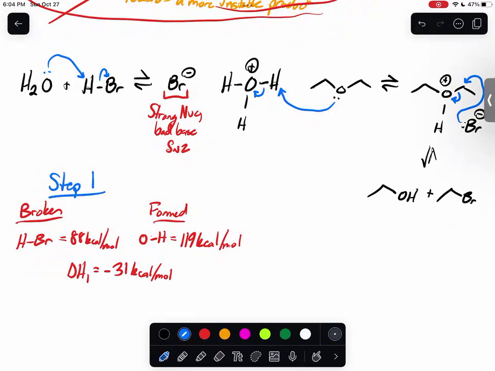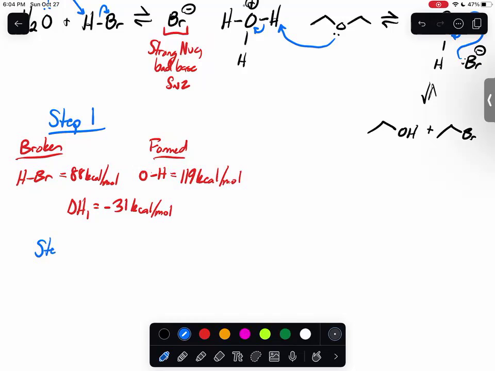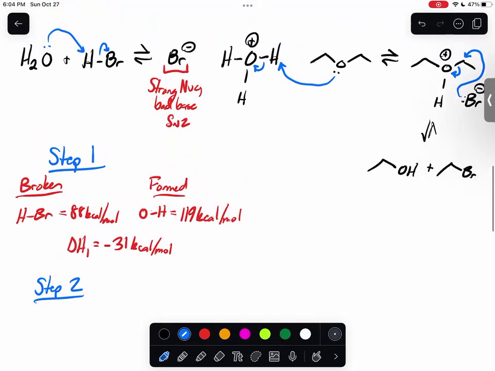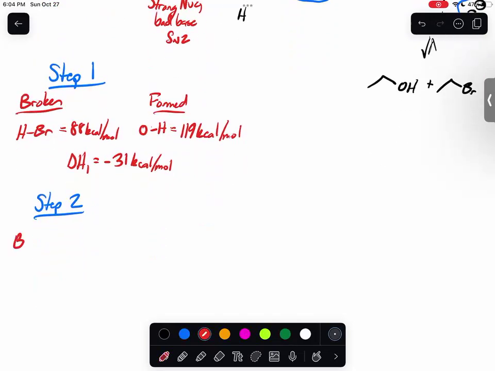So now if we look at step two, right, we have, in this case, we are forming an OH and we are breaking an OH, right? So our broken bonds is an OH, and then our formed bonds is an OH. This is why I said the equilibrium should be spot on because these just cancel each other out.